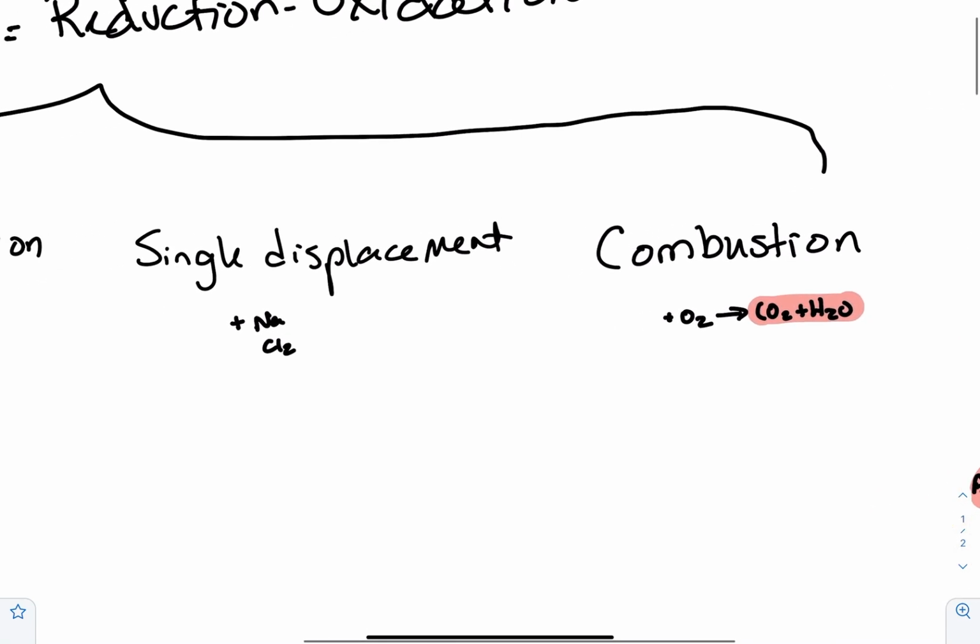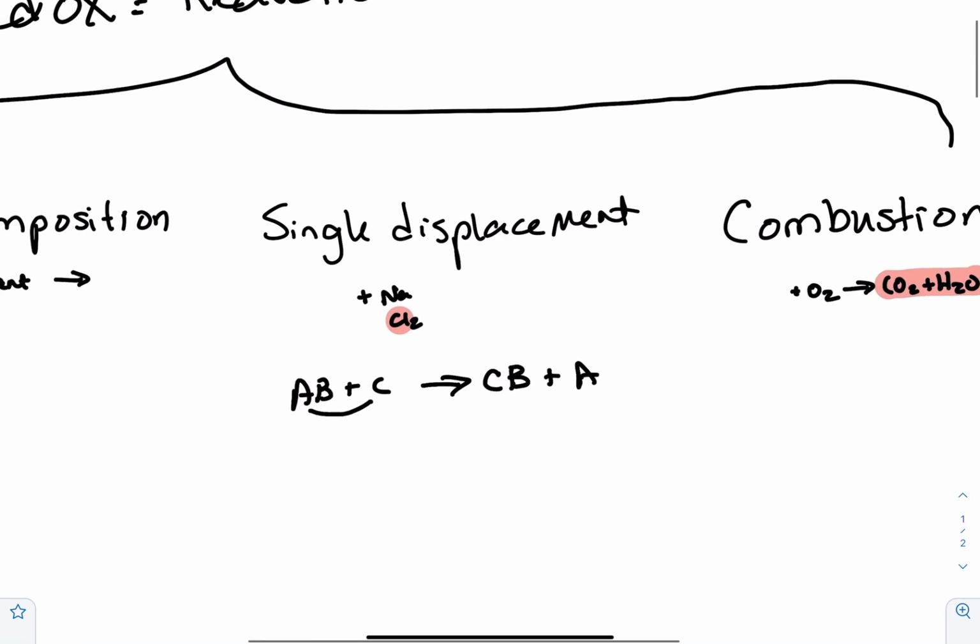You need to be able to predict the products for a single displacement, and they have this kind of look, like AB plus C. You've got the C alone, and then the C swaps spots with the A, something like that. That's a single displacement, where those two swapped. So you can predict those products.